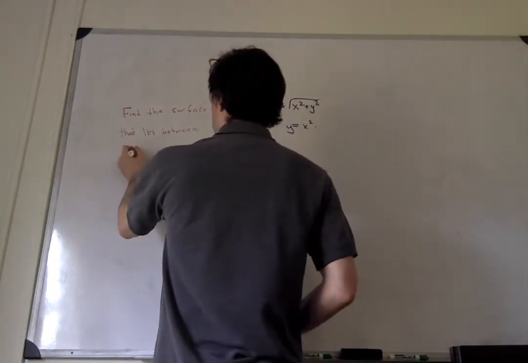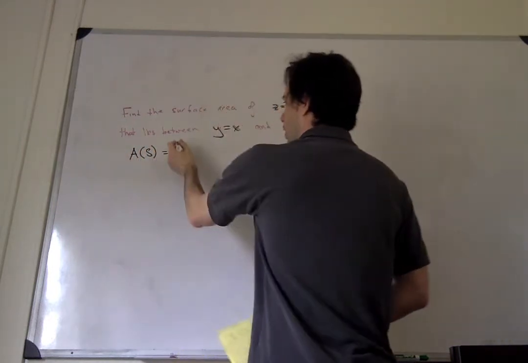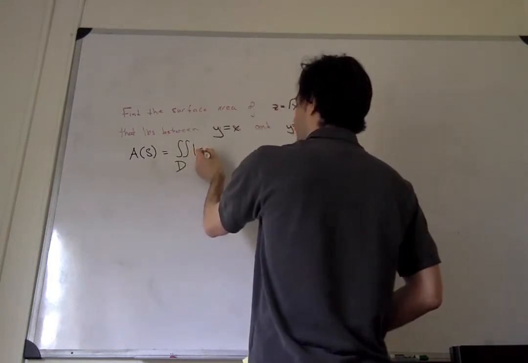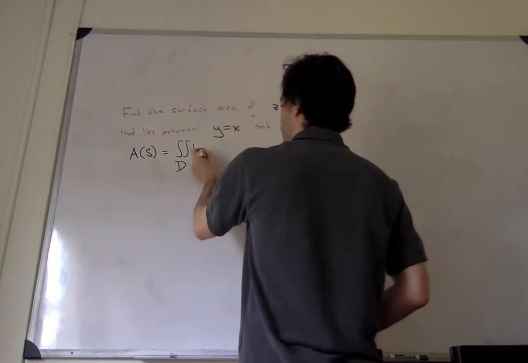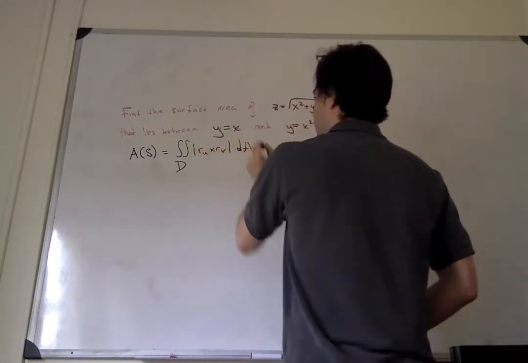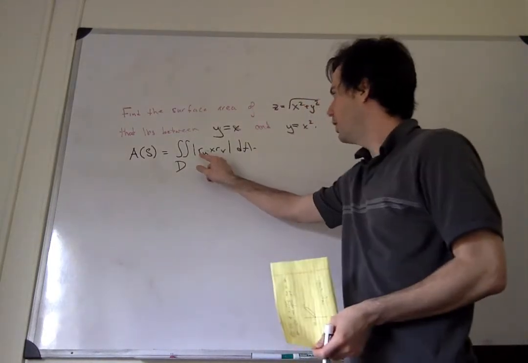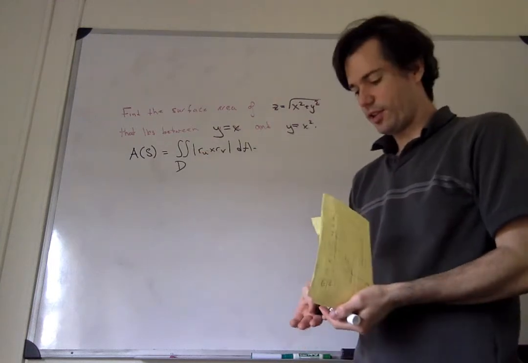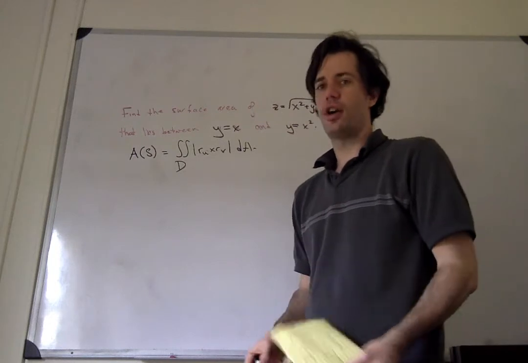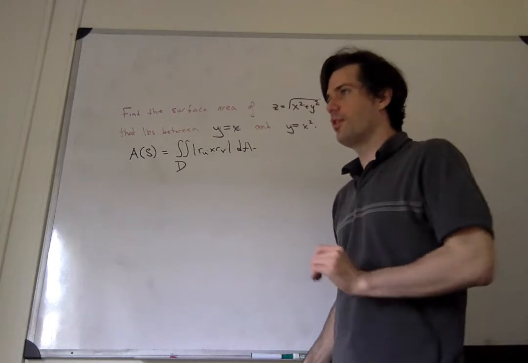Recall that the area of your surface S is the integral over your domain of the cross product of your function that points at a particular location. This is your position function, R. It just gives you the position.